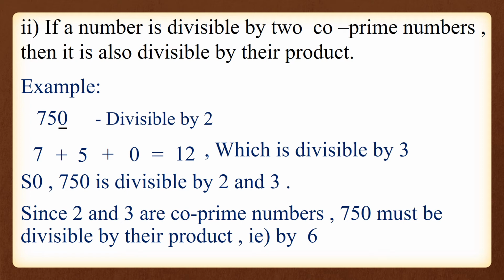We know that rule: if a number is divisible by two co-prime numbers, then it is also divisible by their product, 6. And we know the divisibility rule for 6 also. If the number is divisible by 2 and 3, then the number is divisible by 6. Therefore, 750 is divisible by 6.